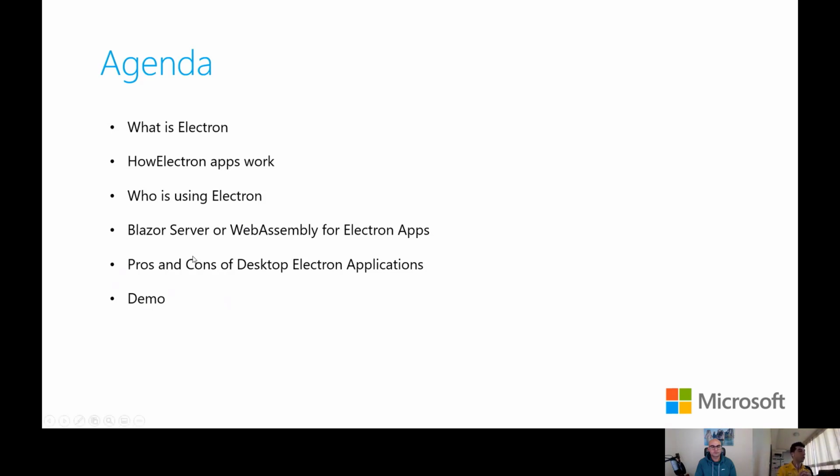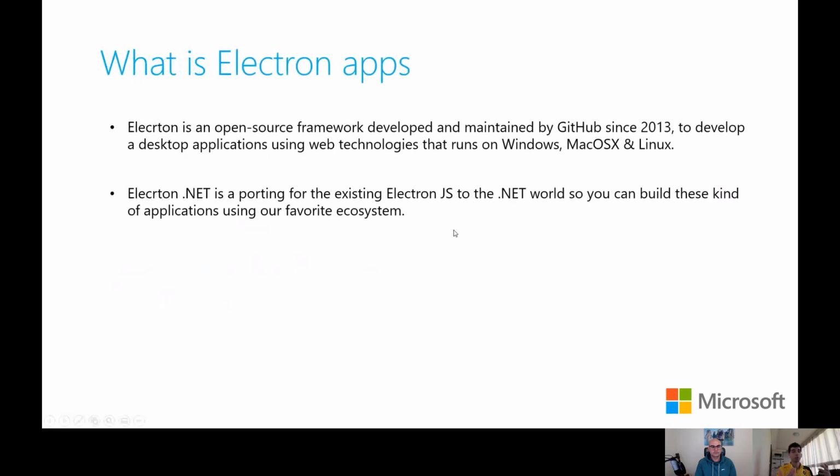Then we will answer the question, should I go with Blazor Server or Blazor WebAssembly for Electron? Then we are going to talk about the pros and cons of Electron applications, that is, desktop apps built with Electron. And the last thing, we are going to move to Visual Studio, create a small app and see how this goes in action. So let's start by answering the first question: what is Electron?